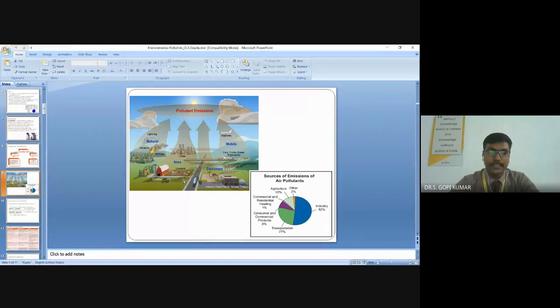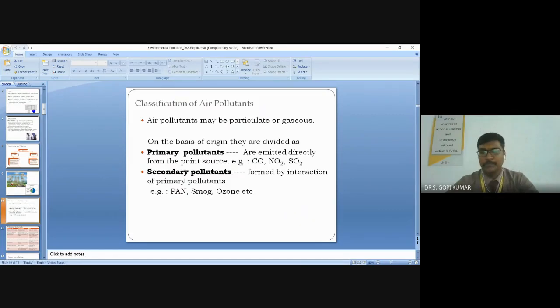The next image shows how pollutants are emitted: through volcanoes, lightning, natural sources, spilling of fertilizer, livestock, and other living sources, while non-living sources are airplanes, mobile sources, and vehicular emissions. These are the root causes.